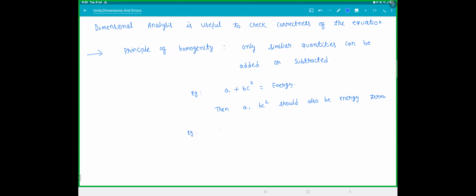Take our standard equation in kinematics, S is equal to UT plus half AT square. If you look at the dimensions here, they all have the same dimensions. S is meters, U into T is also distance, half AT square is also distance. Each term depends on distance terms only. Clear with this?